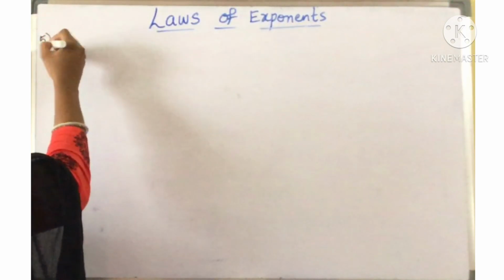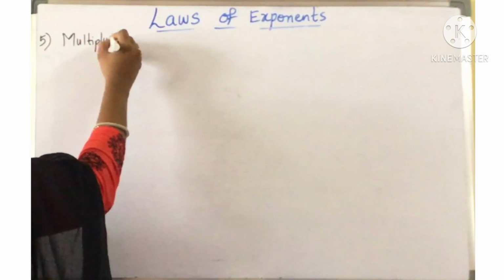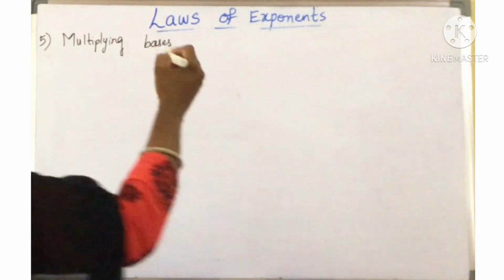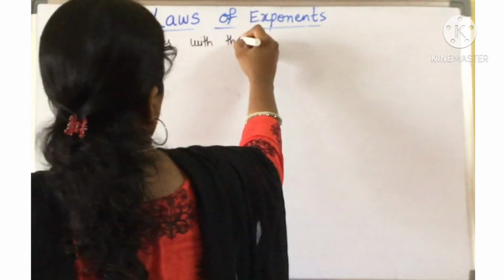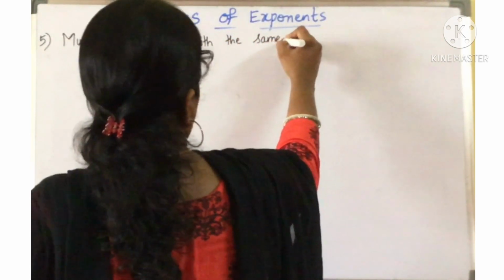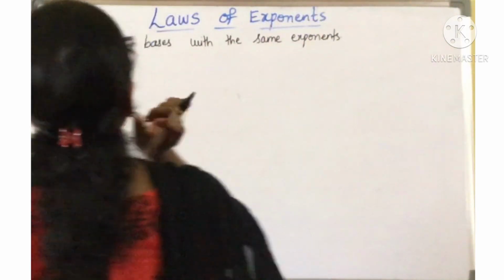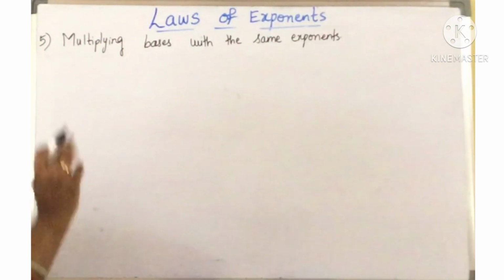Next, multiplying bases with the same exponents. The bases are different, the exponents are the same.